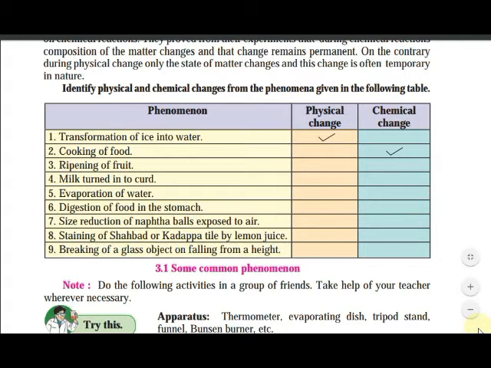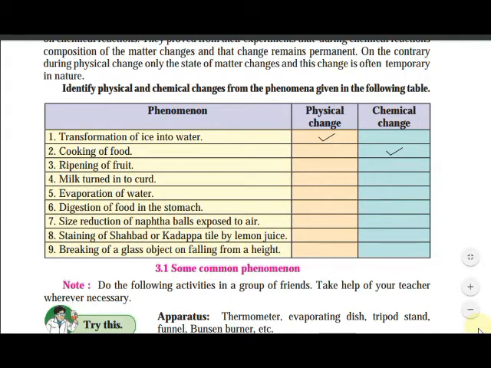Directly it never goes into liquid. It directly goes to the gaseous state. Yes or no? So size reduction is seen in the naphthalene balls when exposed to air, and we will never get the naphthalene ball again. That is why this change is related to a chemical change.